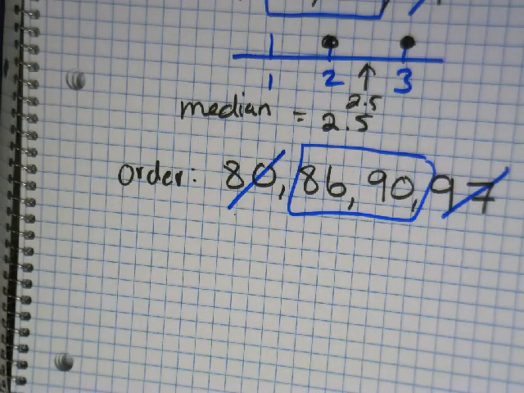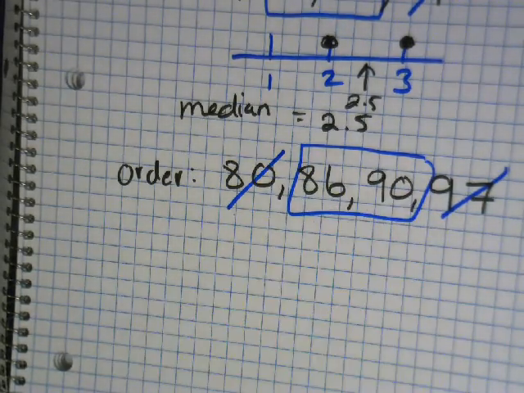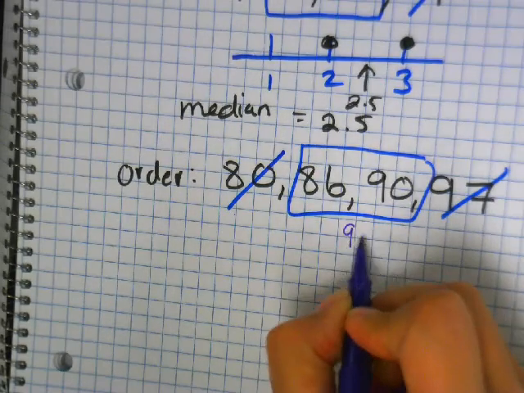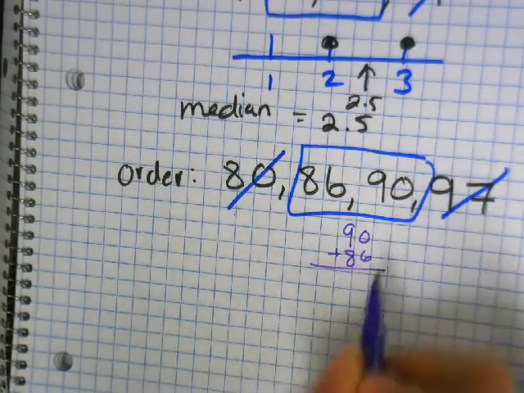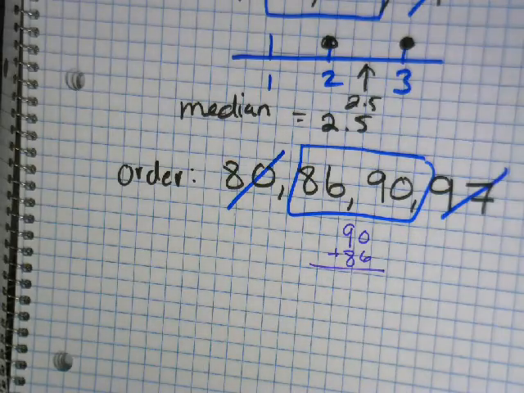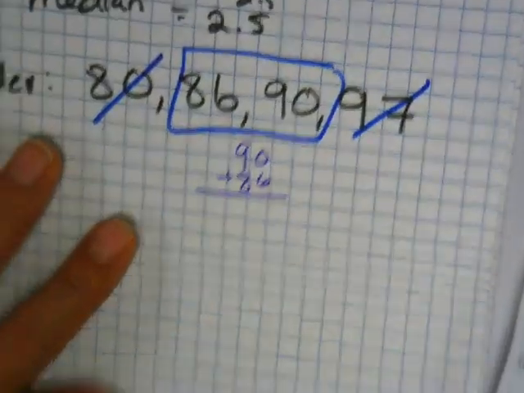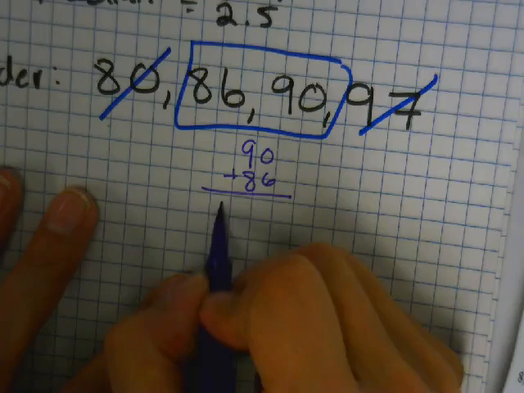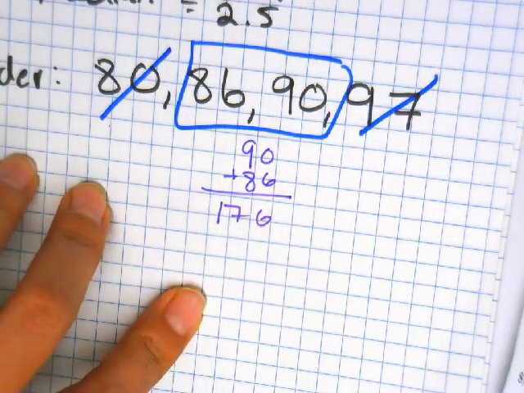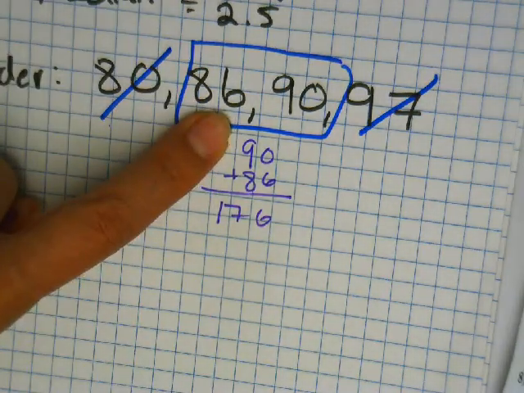I have no idea. I really don't. I haven't really thought about it. So, here's what you do. You add them. Good. Now, is 176 in the middle of these 2 numbers?